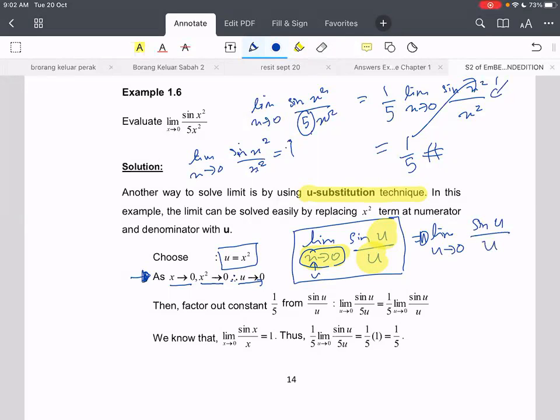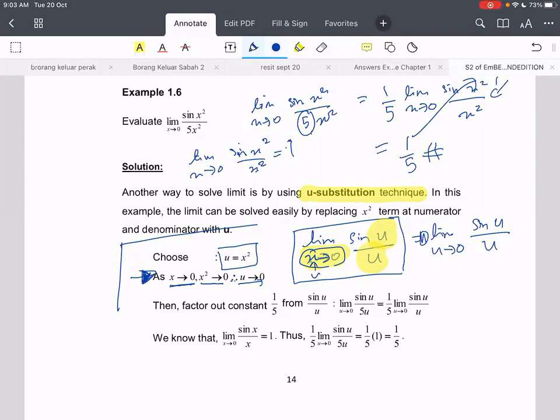You need to do this assumption. Once you choose u equals x squared, the next step is to make an assumption to change x approaching 0 to u.